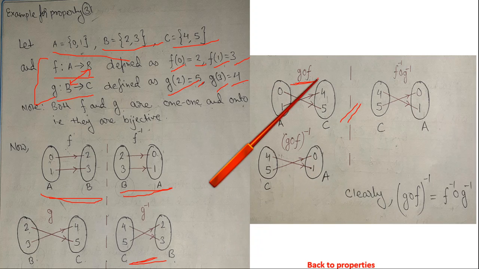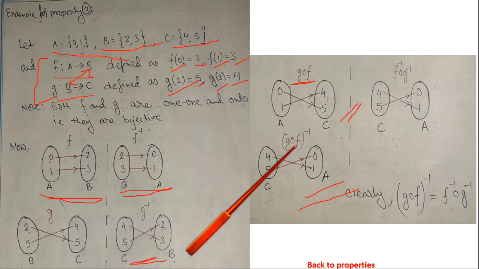Now next, clearly F composite G is bijective, so this will have an inverse, and the inverse is given as this. Because for F composite G, 0 is taken to 5 and 1 is taken to 4, so for the inverse of F composite G, 4 will be taken to 1 and 5 will be taken to 0.